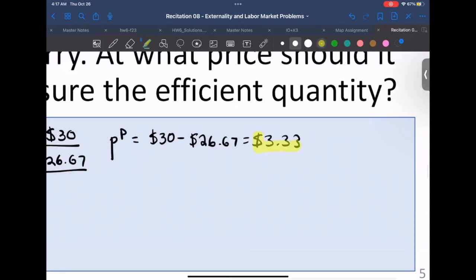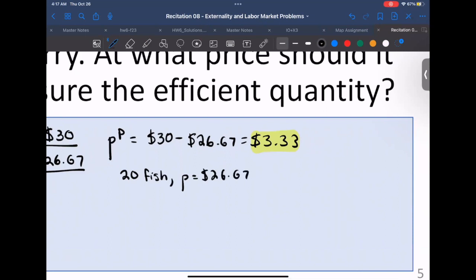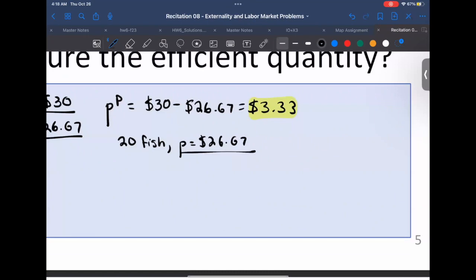So let's try to clarify what this number means. Originally, to catch 20 fish, you need a price of $26.67. In other words, fishermen, Ben and Jerry, are going to be selling the fish that they catch at a price of $26.67.